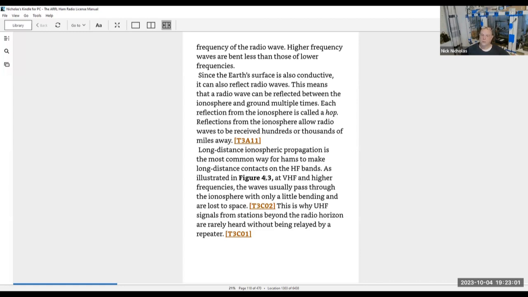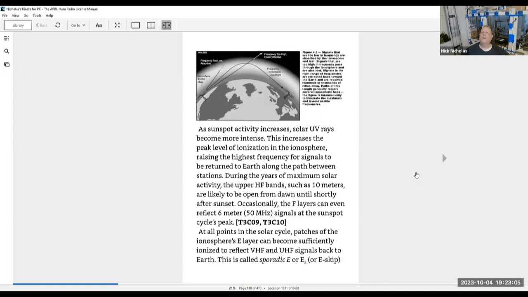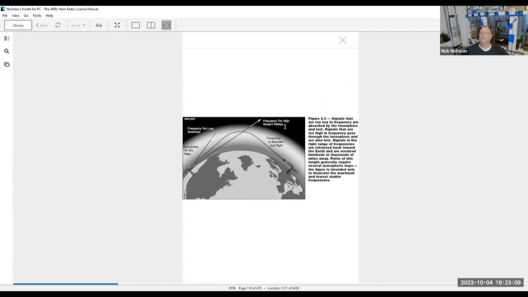I want to show you figure 4.3. All right. Signals that are too low in frequency are lost, it says. Well, very, very low frequency signals don't reflect anywhere off the atmosphere because there's no point of the atmosphere that's ionized that's high enough to bounce them back.